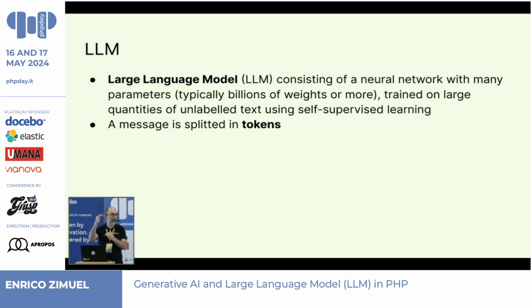Because the input of a neural network has to be an array of numbers. And usually, since you can have a very big input, you split this input into tokens, because the token is the unit of information behind a large language model.